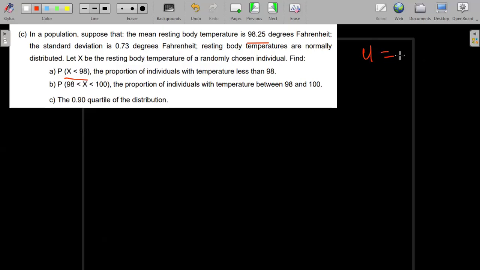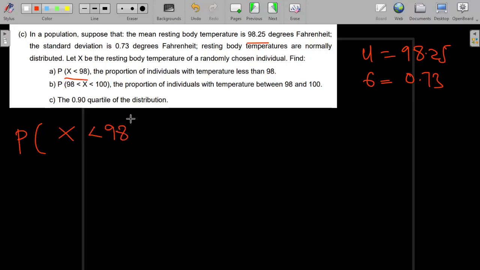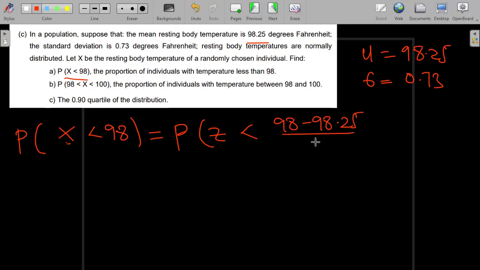So the mean is 98.25, and the standard deviation is 0.73. Right, so the probability that X is less than 98 is the same as the probability, standardizing the X, that will be Z, then this will be 98 minus 98.25 divided by 0.73.